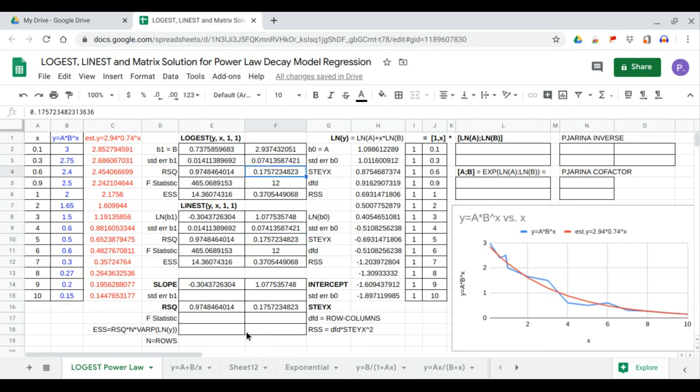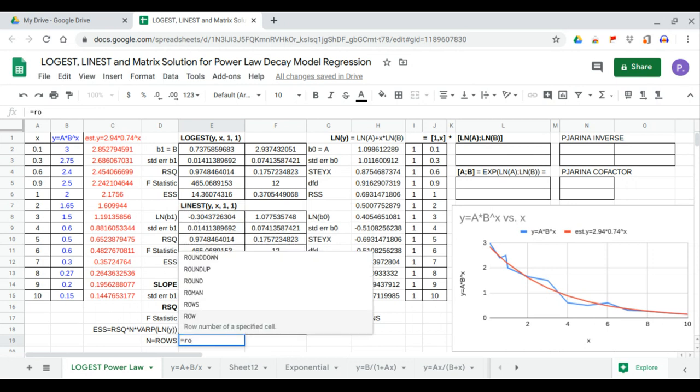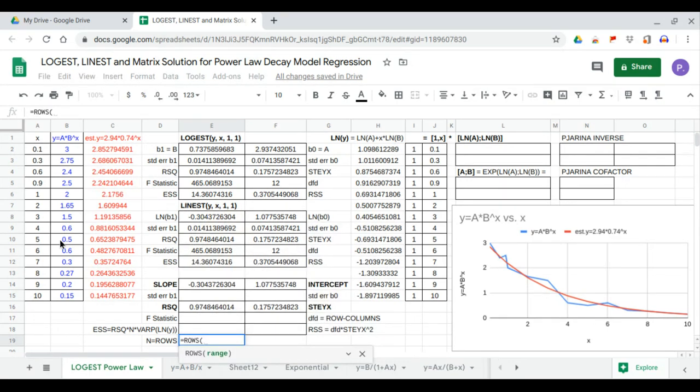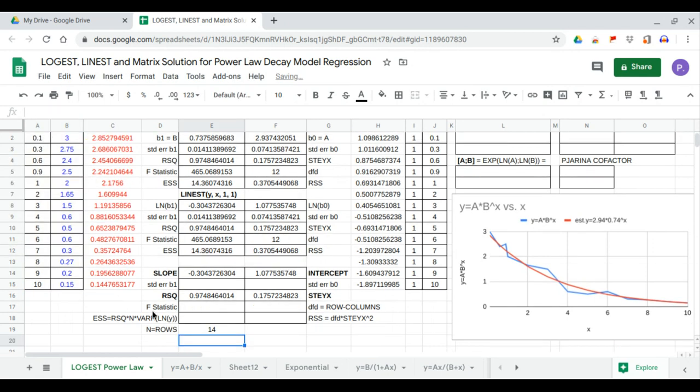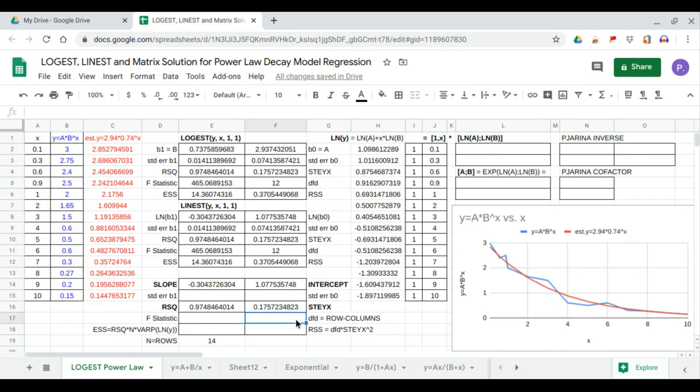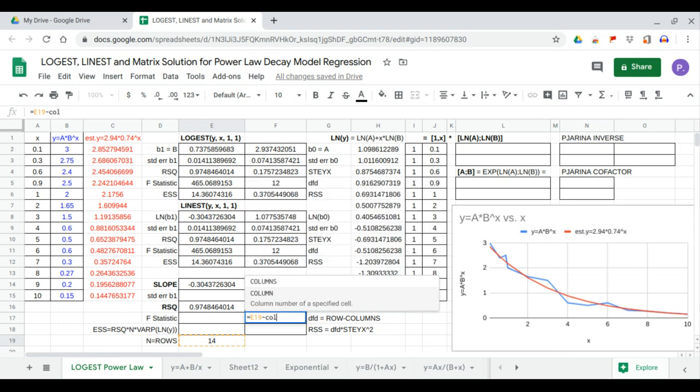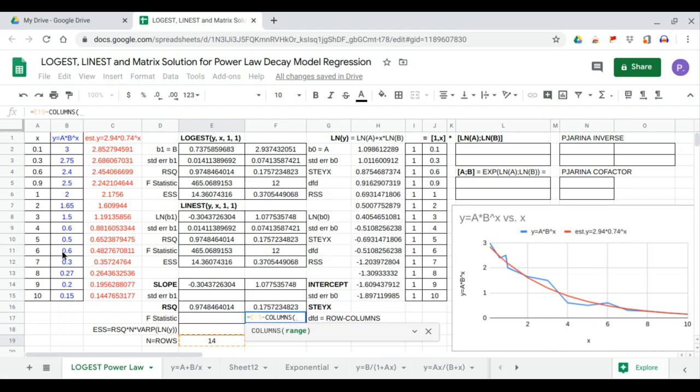We can calculate the others, which start with the rows or the population. That is the rows of the range. That's 14. Now we can calculate the degrees of freedom of the denominator, which is rows minus columns of the range, columns of the dataset range. 12.